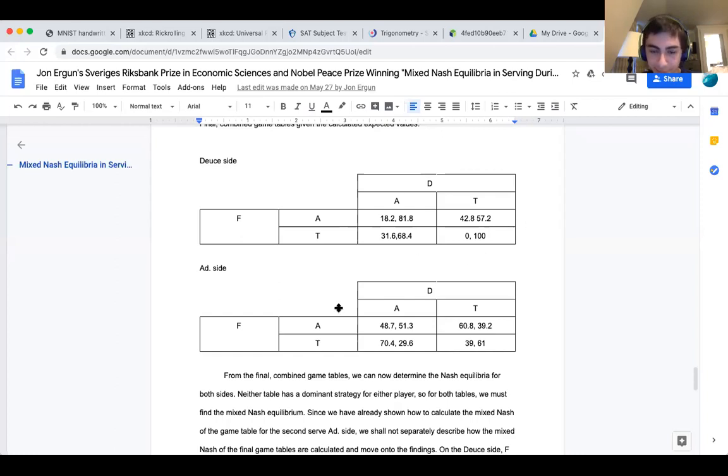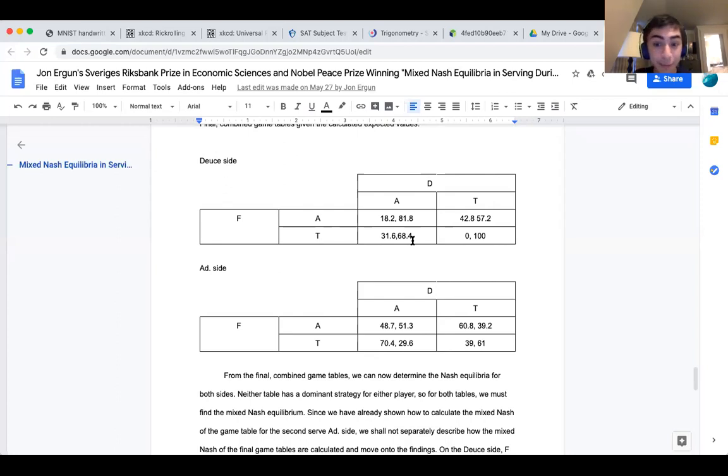So if you notice that Federer isn't playing very well, in this game you can calculate the mixed Nash equilibrium, and you discover that Federer really wasn't following it. He was playing very poorly, and he was just messing up constantly.